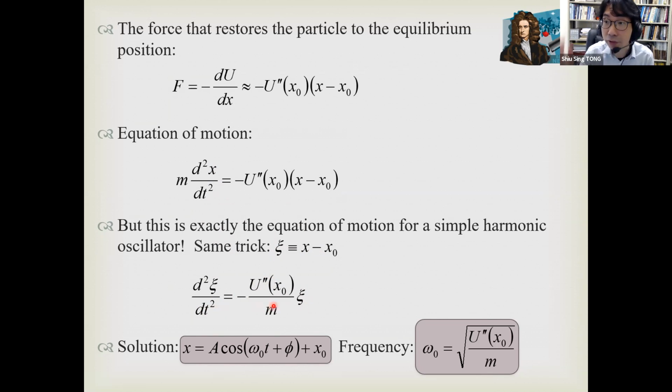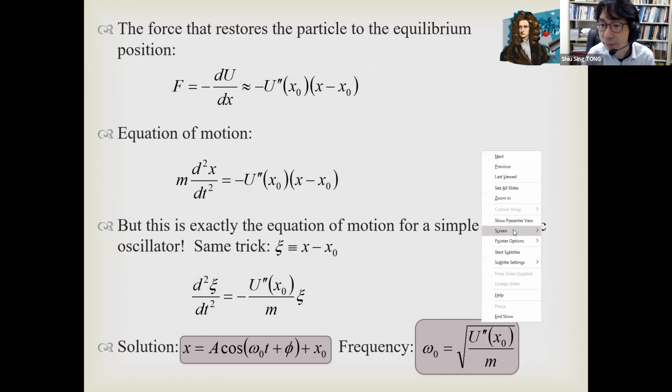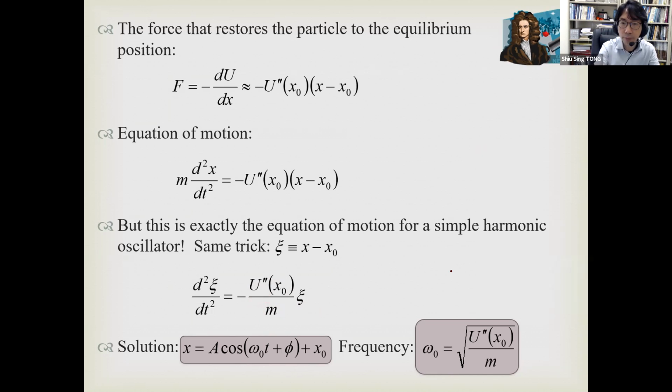And what is the frequency for this? The frequency for simple harmonic motion can always be obtained from the coefficient before the displacement. The coefficient before the displacement is actually the square of the frequency. The standard equation for simple harmonic motion is acceleration equal to minus the frequency squared multiplied by the displacement.